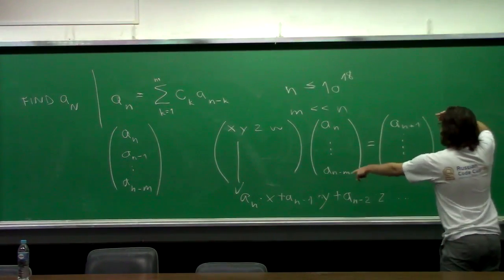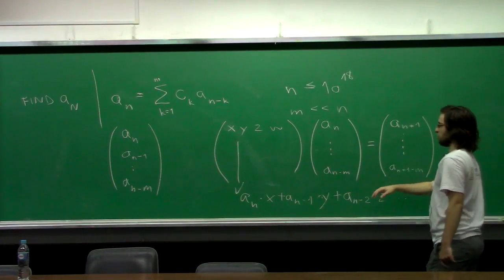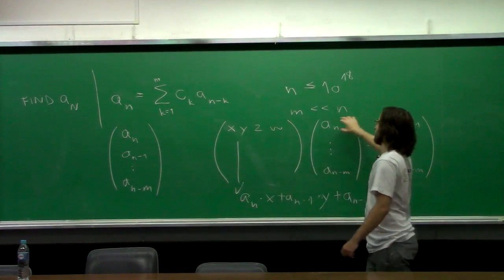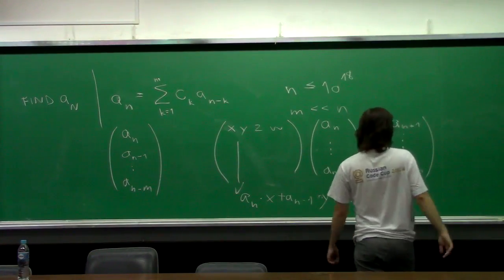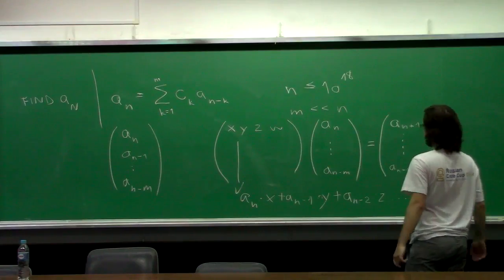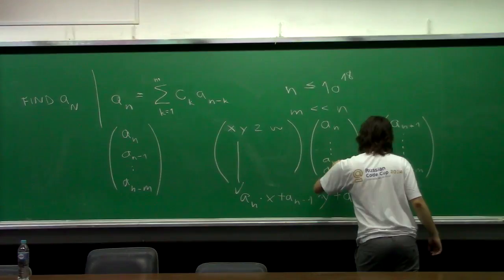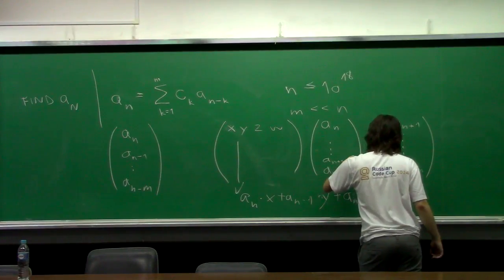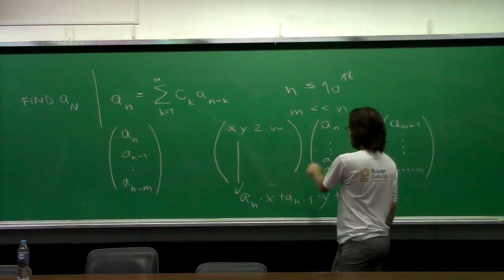Let's just say that we want to find the bottom row of the matrix, because when the bottom row is multiplied by this vector rotated by 90 degrees, then we get an plus 1 minus m. An plus 1 minus m is the second to last element of this vector.